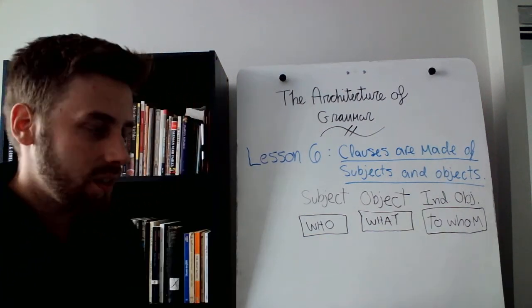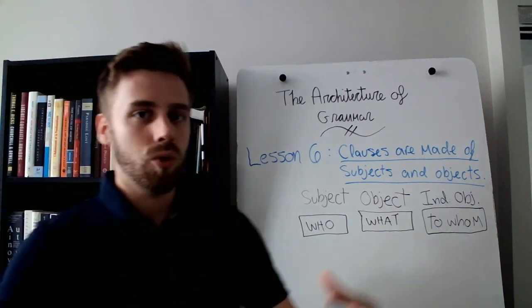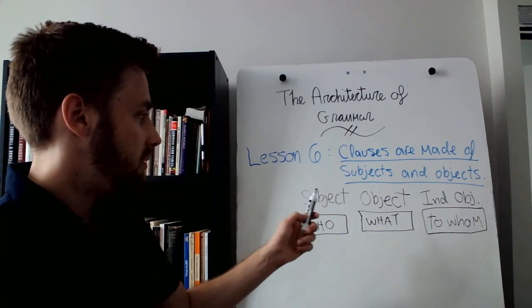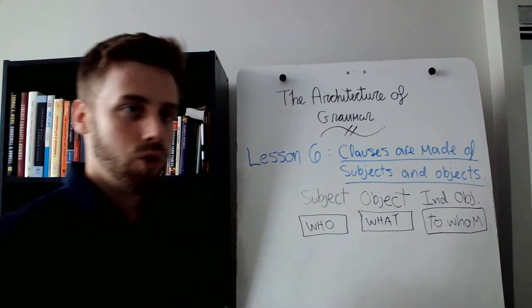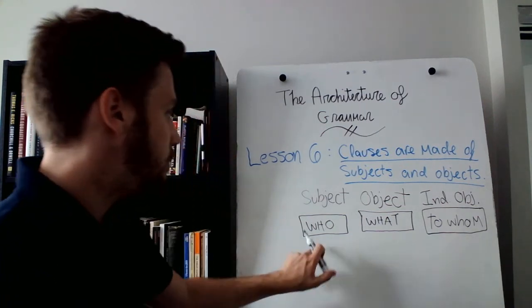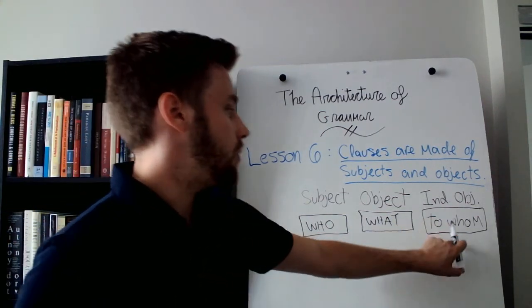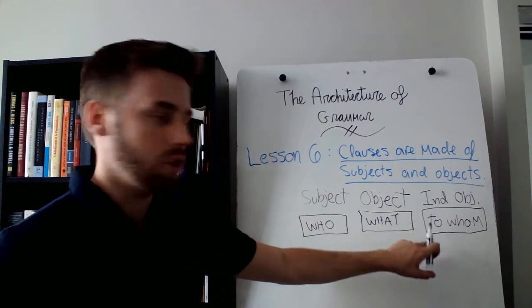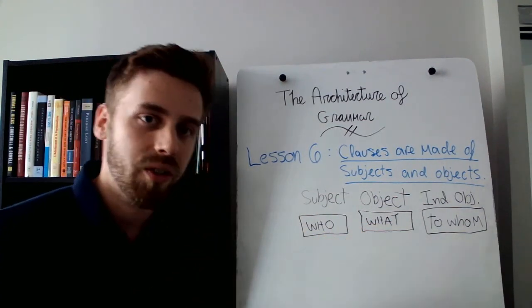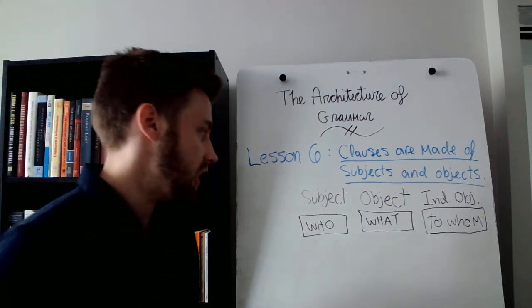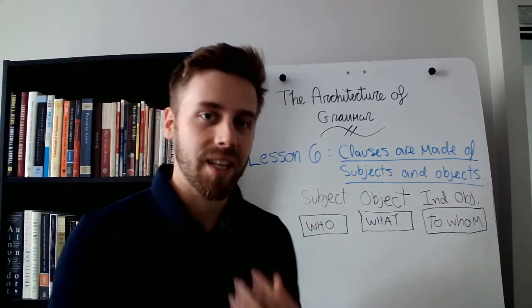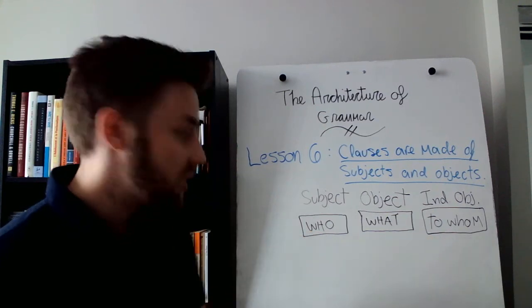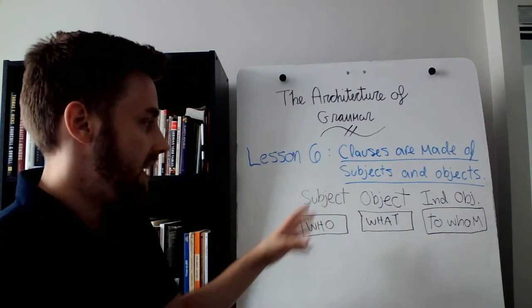But there are some sentences where we give something to someone. For example, Léandre gives the coffee to his girlfriend. So that would be who, what, to whom. Now, here's the interesting thing about the indirect object. We've talked about this in past videos. Sometimes, not all the time, you can move around the information blocks.